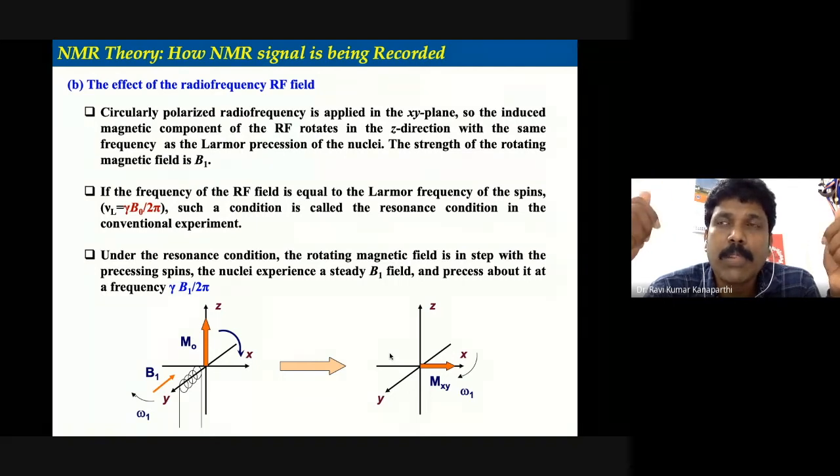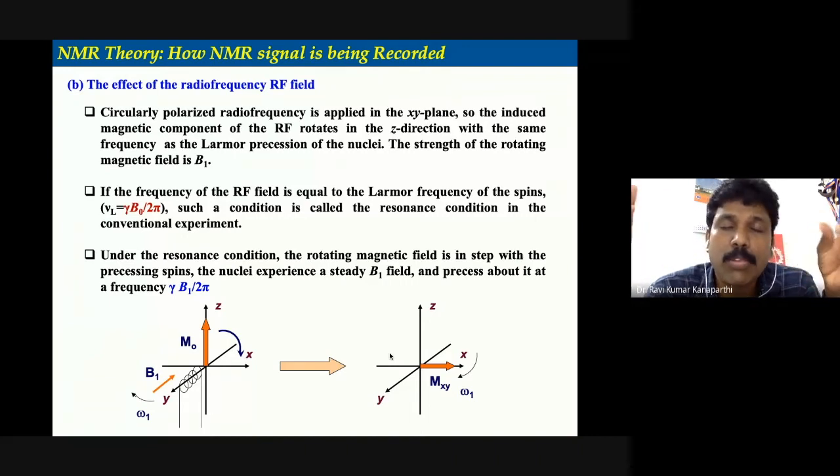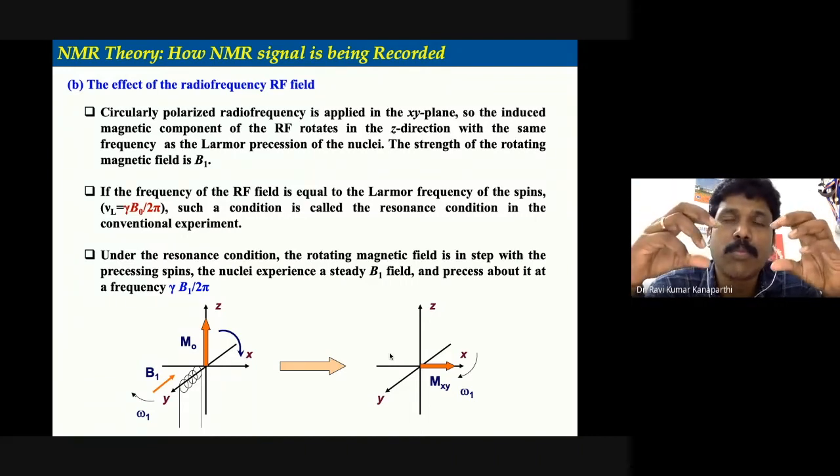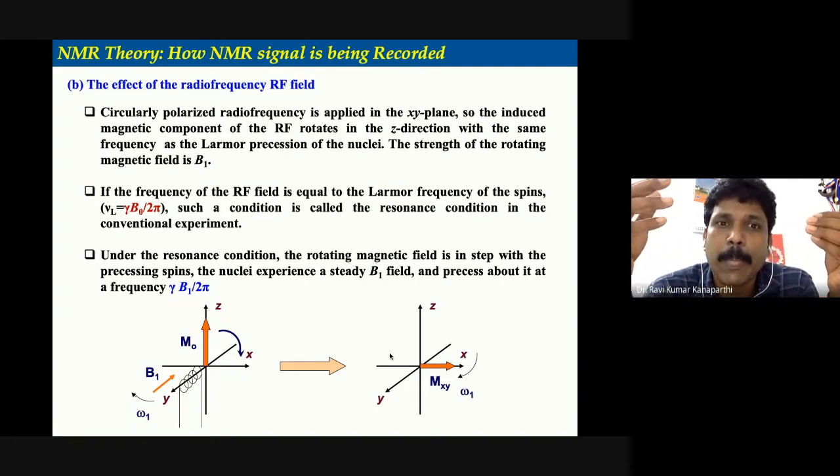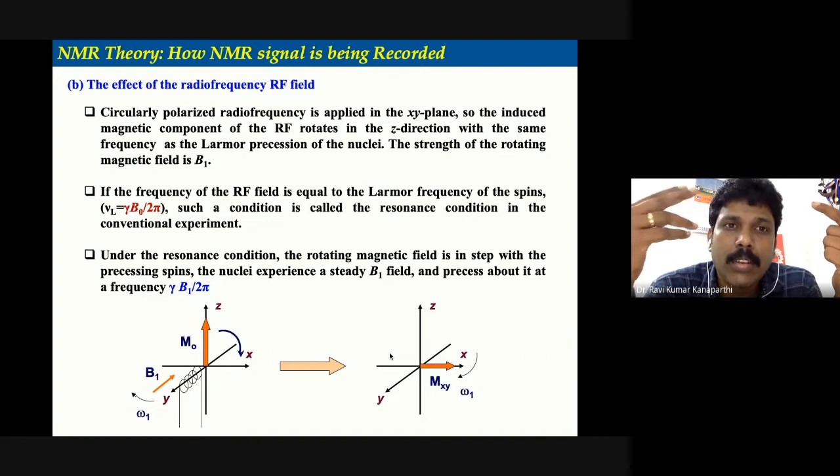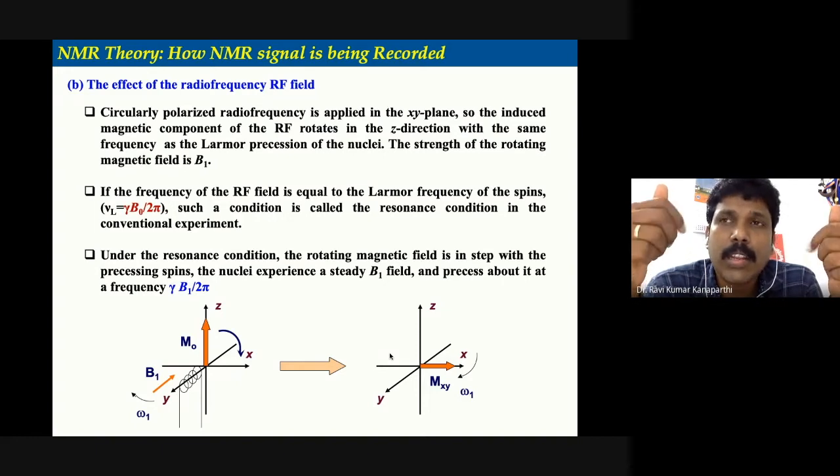Please remember that in the presence of an external magnetic field, in the quantum mechanical description, you have more population in the alpha state and less population in the beta state. In classical pictures, you have more spins pointing parallel to the applied field direction and fewer spins opposing the applied field direction.